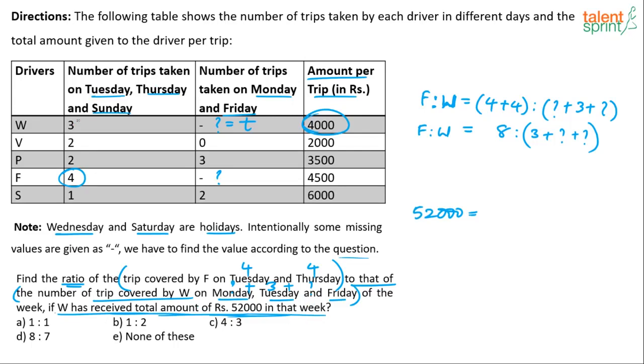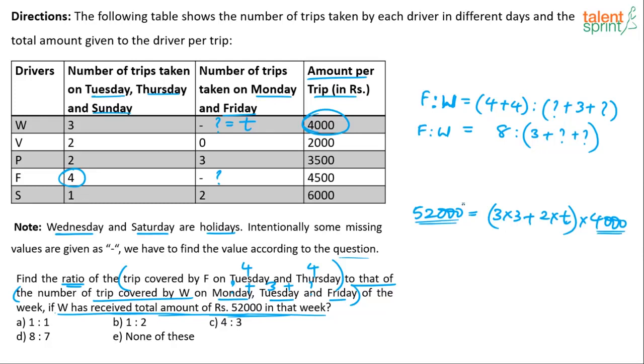On Tuesday, Thursday and Sunday, 3 trips per day, right? So 3 into 3 plus 2 into T, whole multiplied by 4,000. Yes or no? He is getting 4,000 rupees per trip. He has got a total of 52,000 rupees.